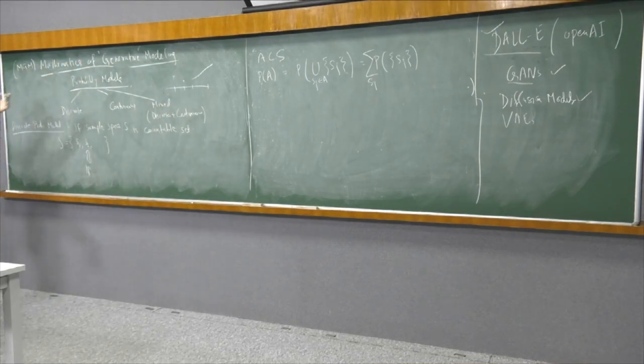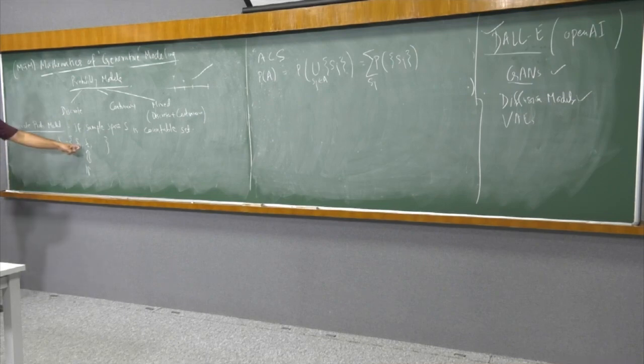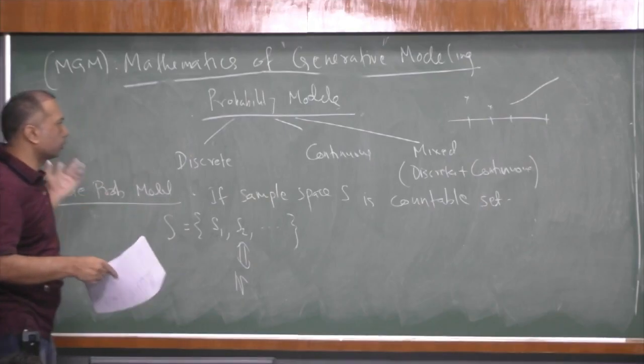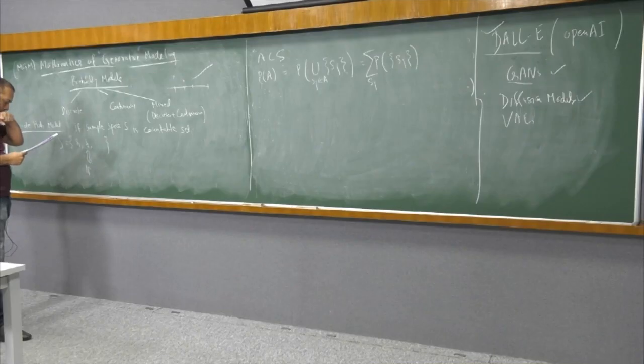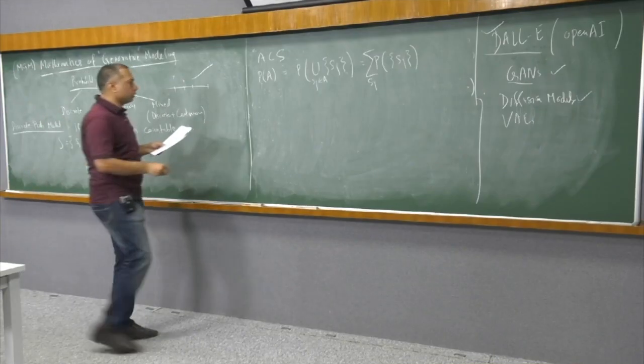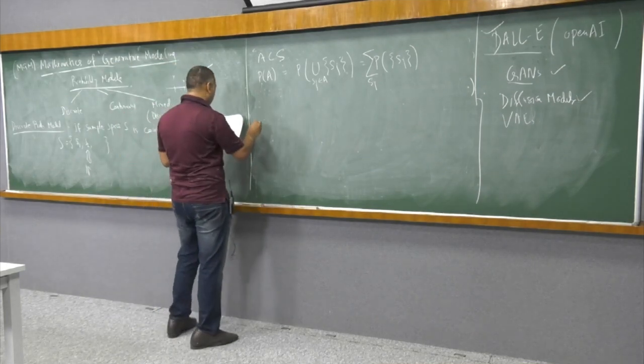The generic thing here is that now S is some countable thing. It may not be finite. So countable, not necessarily finite. Countable can be infinite. But the fact it's discrete is because it may be infinite, but at least I can count. In general, we can write the formula.